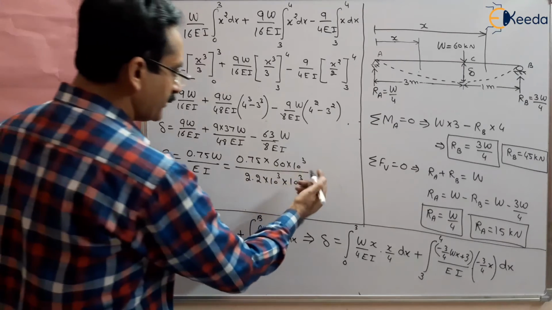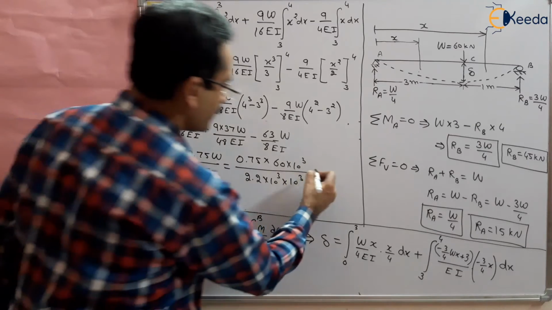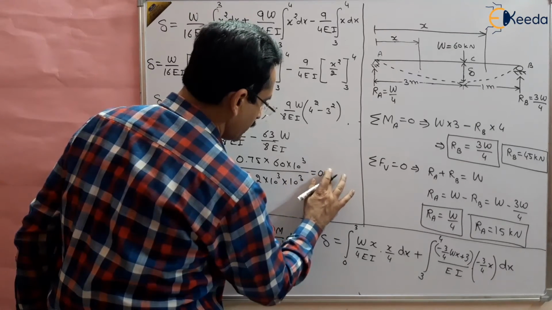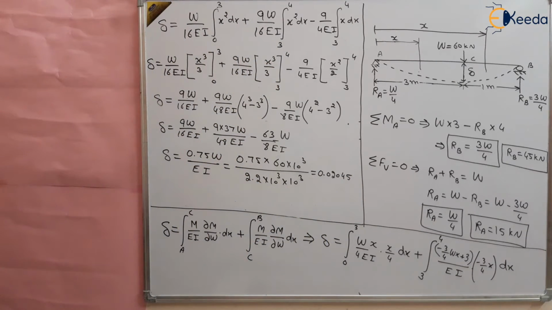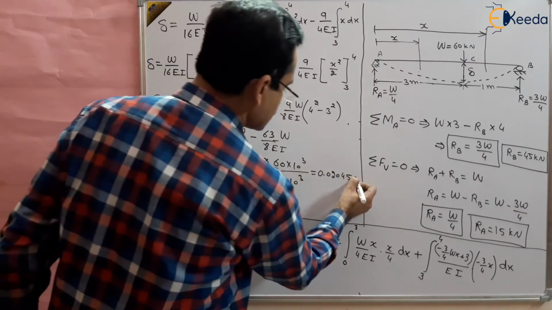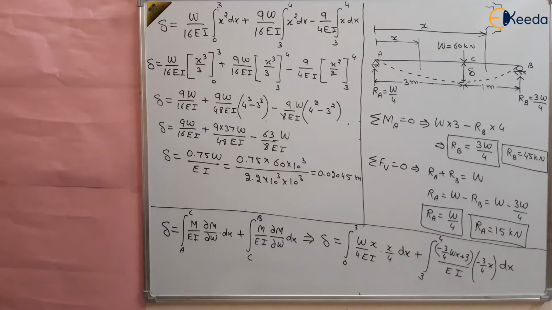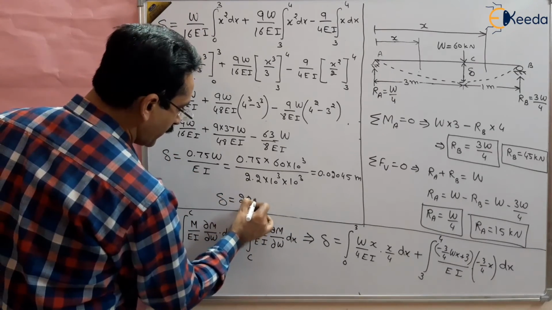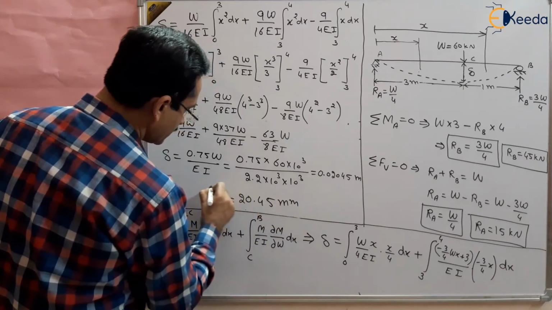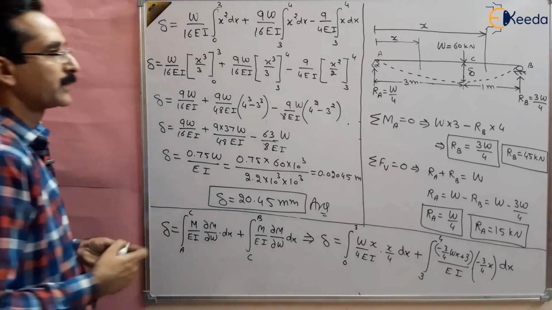So solving it you will get the answer as 0.02045 meters. This is the answer, right? And it can be converted to centimeter or millimeter also, so delta will come out to be 20.45 millimeters. So this is the answer of this question, right?